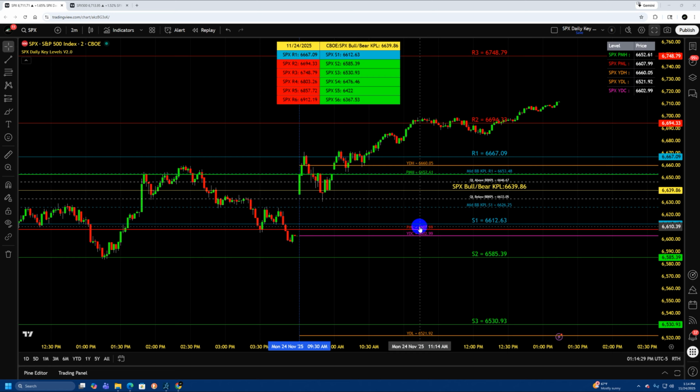Conversely, for a significant move to the downside, price is not only going to have to start closing and holding below the bull bear key price level, but also closing below and holding below the pre-market low. The YDH, YDC, and YDL levels are also very important, as they can represent significant support or resistance depending on the context of the session.